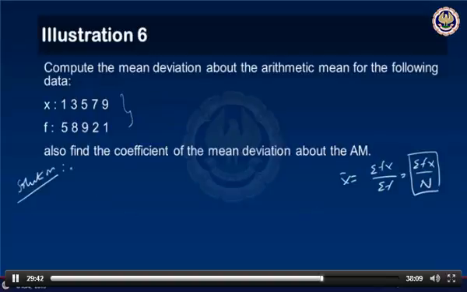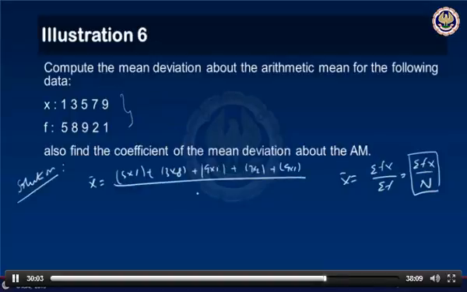Now in this case, similarly, x bar equals 5 into 1 plus 8 into 3 plus 9 into 5 plus 2 into 7 plus 1 into 9, divided by the sum of the frequencies, 5 plus 8 plus 9 plus 2 plus 1.